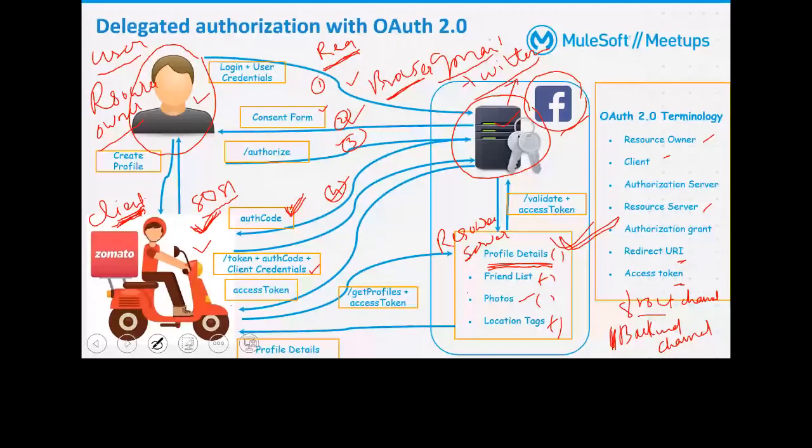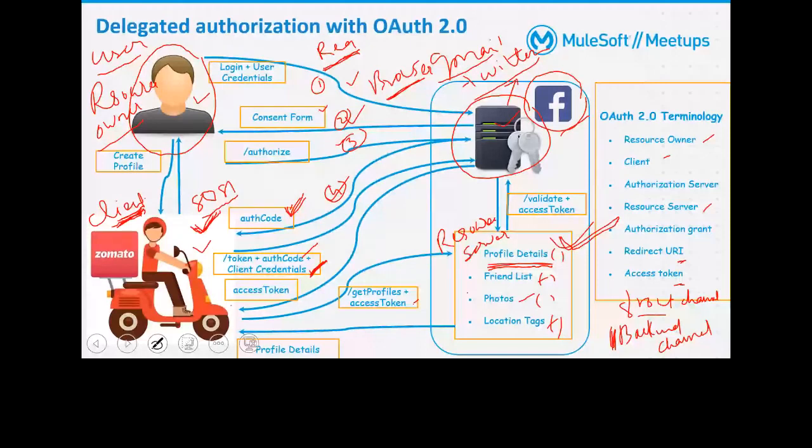From your app code, this API is getting triggered by using this access token, and this access token is coming from this token URL when you're sharing your auth code and the client credentials. Hope these client credentials are clear. These are already created before even this scenario comes into the picture, because Zomato is already registered with Facebook, Gmail, and Twitter. That's where they receive them. So Facebook is already aware of Zomato.